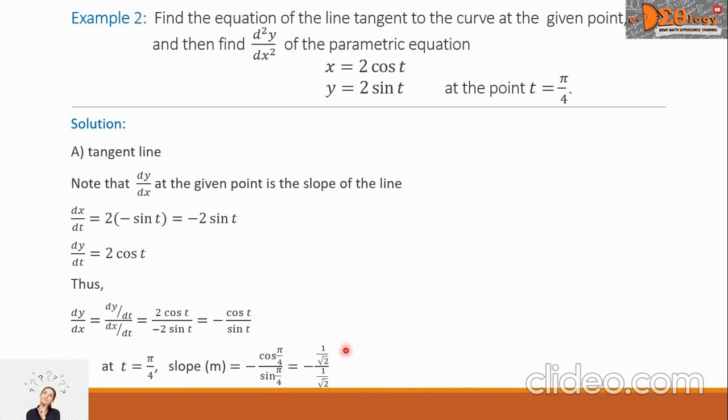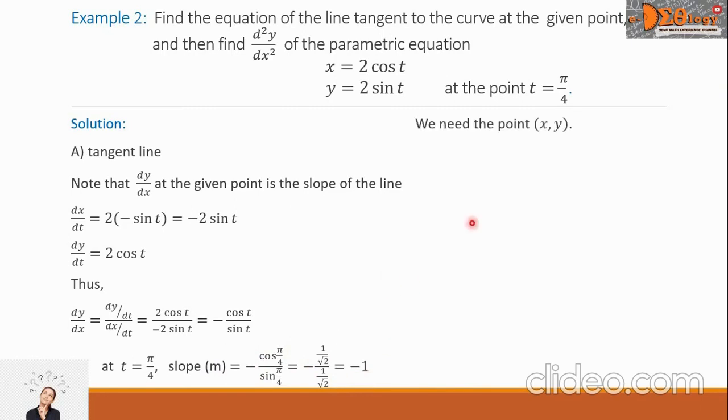Substituting the corresponding values for cosine and sine of pi over 4, it is the same. So we have negative 1 over square root of 2 all over 1 over square root of 2. We can see that the numerator and denominator are the same, so we can cancel this out into -1.